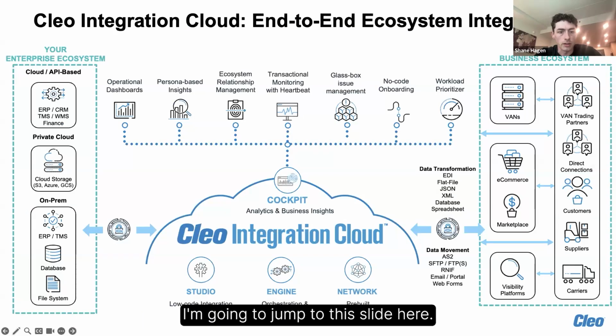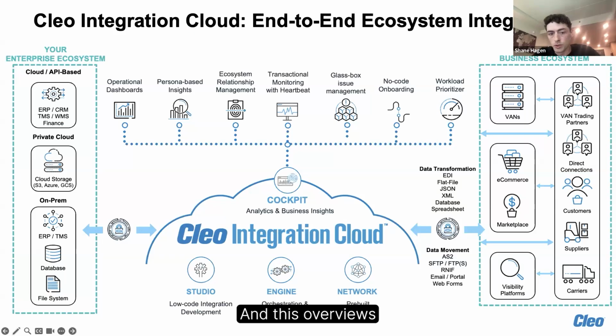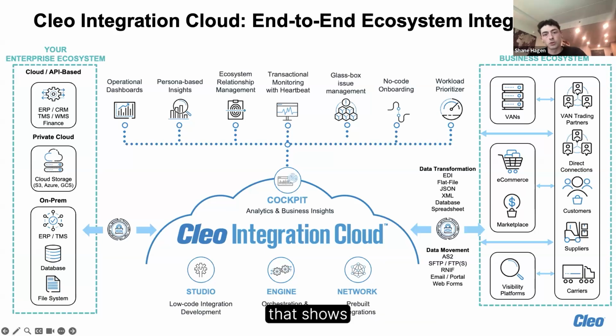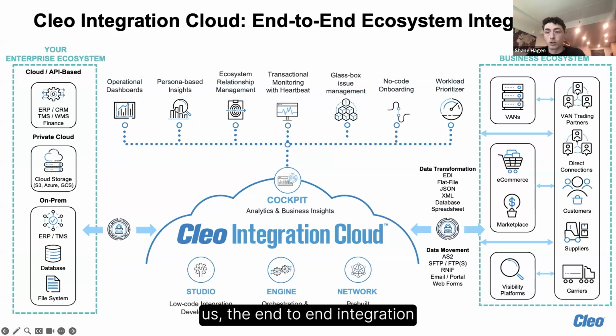I'm going to jump to this slide here, and this overviews our solution in a little bit more technical detail. We have a high-level diagram here that shows us the end-to-end integration that Clio is ultimately delivering. On the right-hand side, your business ecosystem. These are your partners, whether this is customers, suppliers, carriers, 3PL warehouses, whatever it might be.